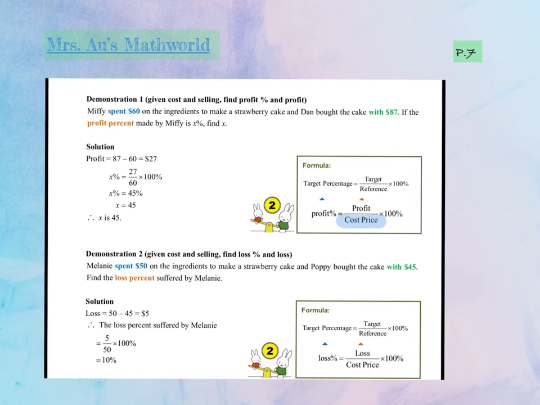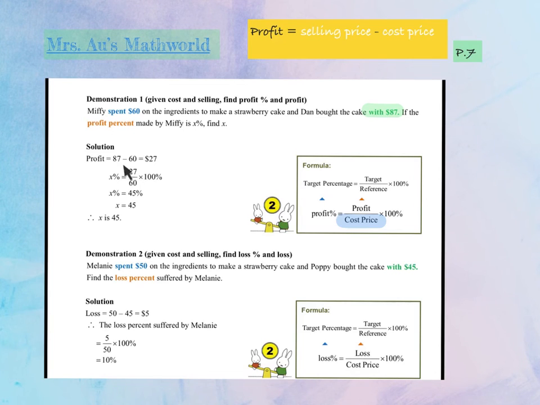And then sold it for $87. So this time, because its profit is about Miffy, the green one is the selling price, and the profit will be selling price minus cost price. So this time profit percentage is X%.